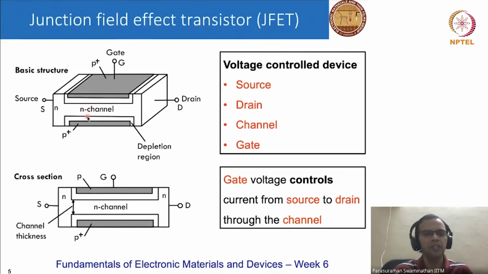Between the two depletion regions, there is a narrow channel in which electrons can flow, and this is called the N channel. So this figure is just a two-dimensional cross-section showing the N channel from which electrons can flow from the source to the drain. The width of the channel is controlled by the voltage that is applied to the gate.